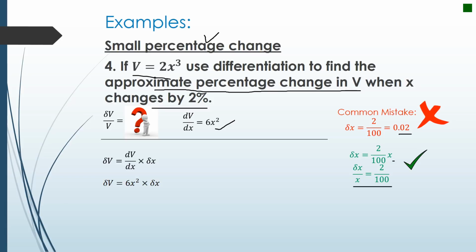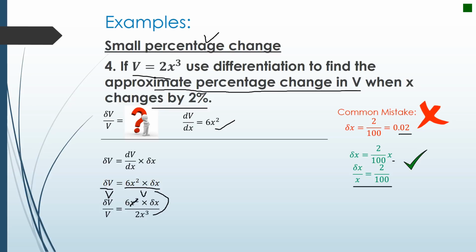Since we actually want to find delta v over v, what I can do now is divide the left hand side and the right hand side by v. But v is equal to 2x cubed. So now I have delta v over v equals 6x squared times delta x divided by 2x cubed.